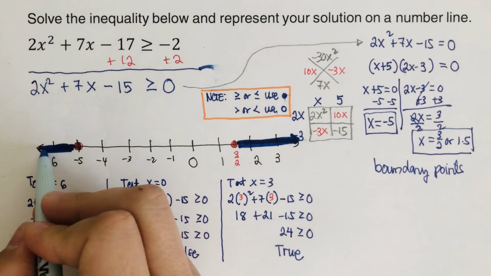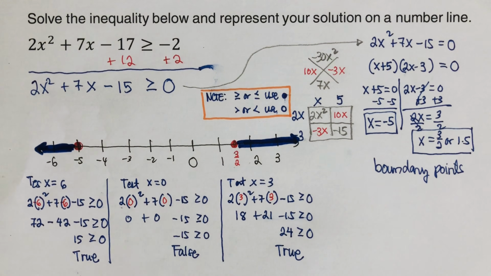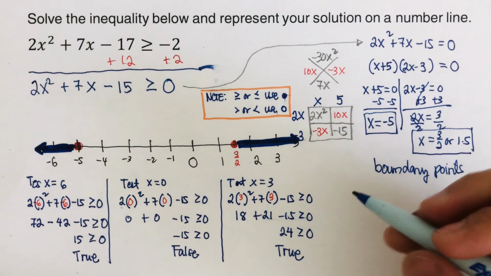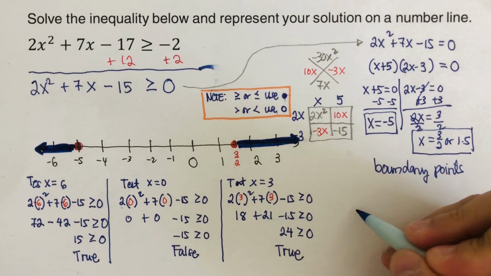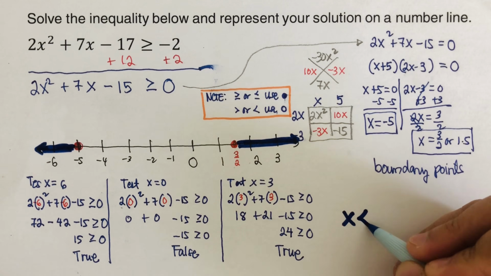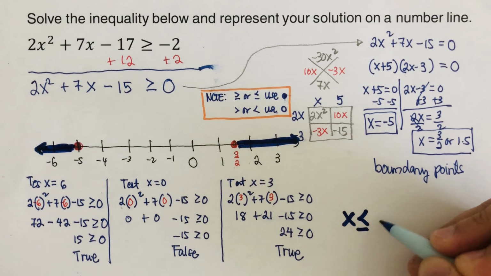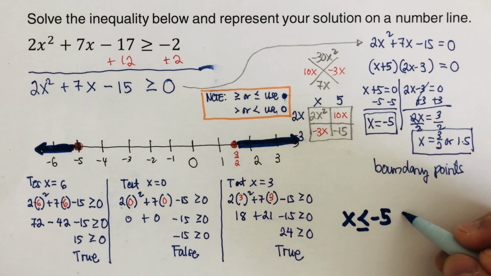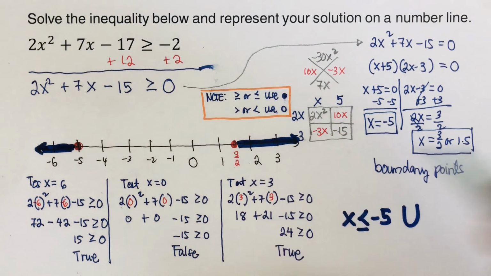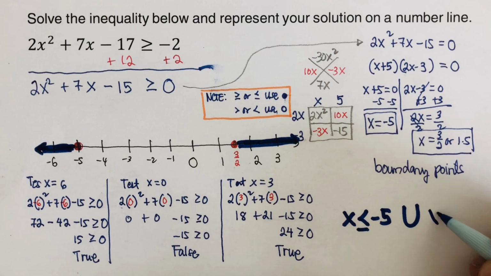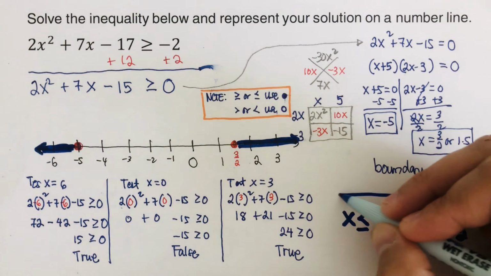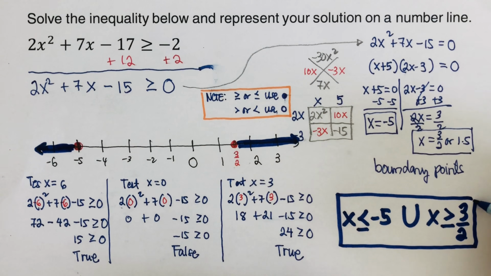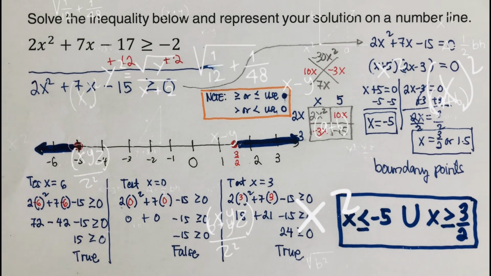When we write the solution, it is x is less than or equal to negative 5, union x is greater than or equal to 3/2. So this is the solution to this inequality. Did you get the same answer as this?